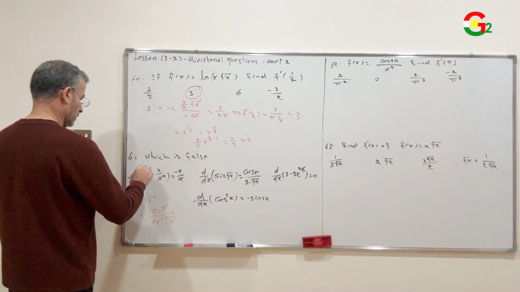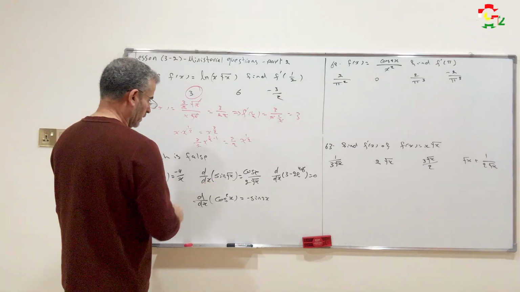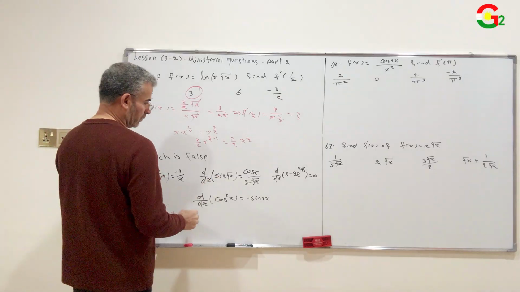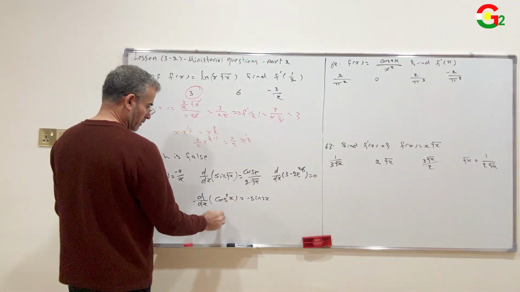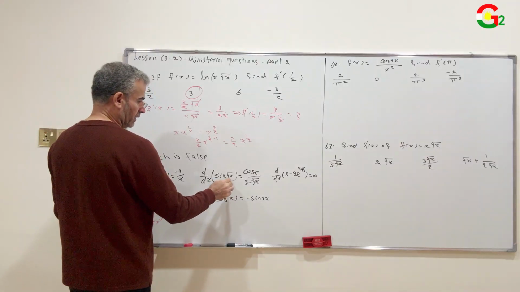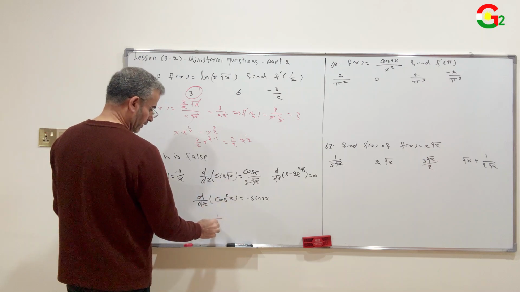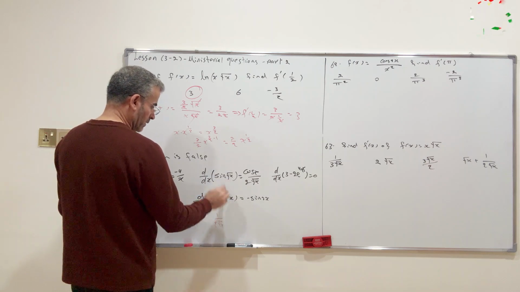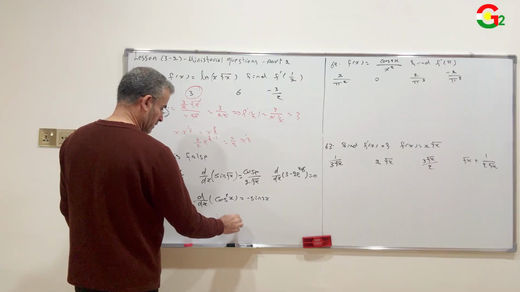This derivative is true. For the second derivative, sine of square root x, the derivative of the square root x is 1 over 2 square root x, and the derivative of sine is cosine of square root x.